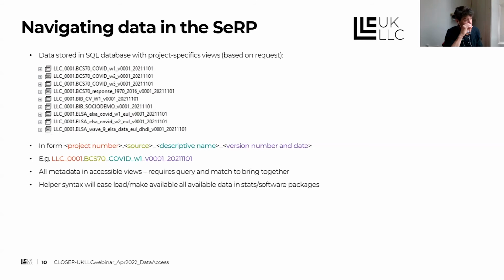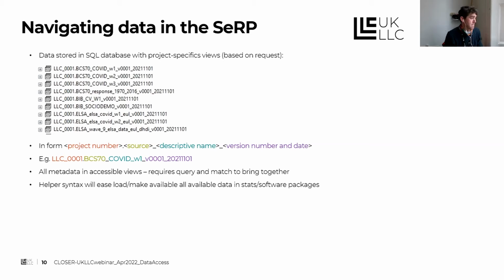So in terms of navigating the data in the SERP, all the data is stored in a SQL database, and you'll be created a series of project-specific views for your data, and there will be a schema available, which all those data views will be tied to, and your permissions will be driven through that schema.